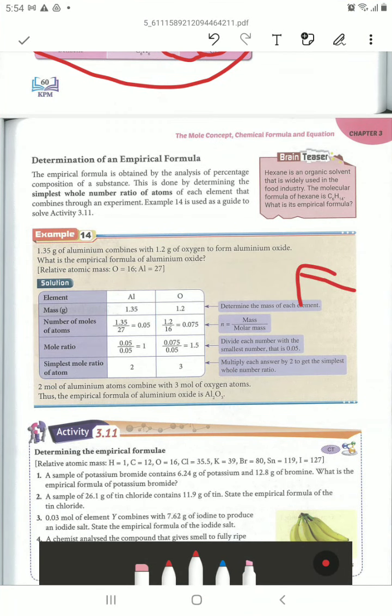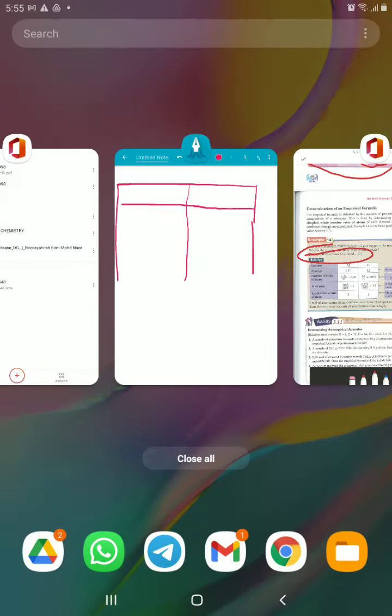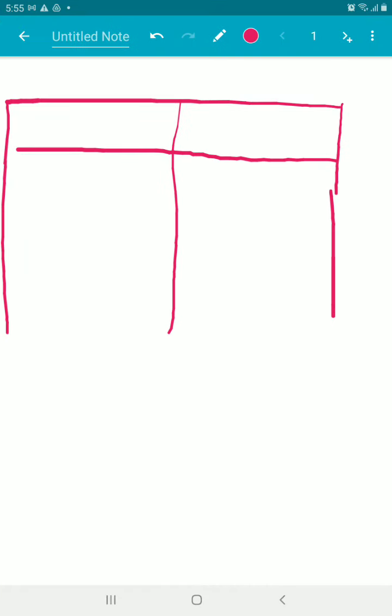The clue is from the RAM given. The RAM given is for two elements: oxygen and aluminium. So from the RMM or RAM given, you can know how many columns you need to draw. From this one, you need to draw 2 columns: the column for aluminium and the column for oxygen.